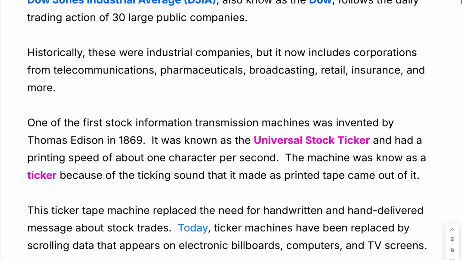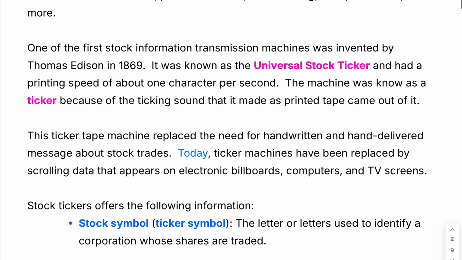Okay, now one of the first stock information transmission machines was actually invented by the famous Thomas Edison, who also invented electricity. This machine was known as the Universal Stock Ticker and had a printing speed of about 1 character per second. It was referred to as the ticker because of the ticking sound it made as it was printing the tape.